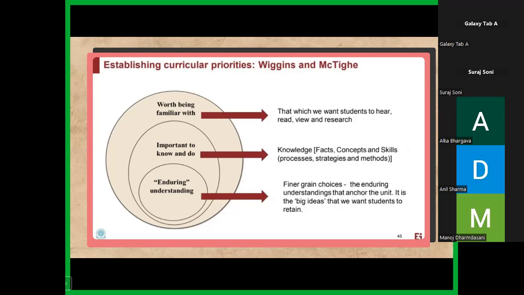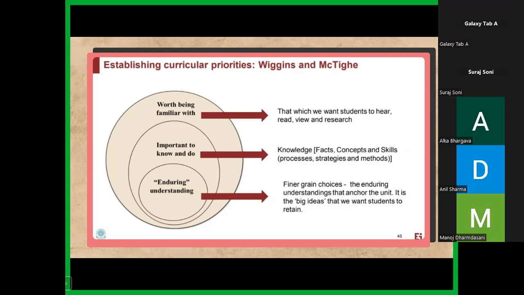Okay, so classifying your entire topic or your chapter into these kind of categories will surely help you pick up things, because we don't have to focus much on things worth being familiar with. You can put some emphasis on important to know and do, and most important are the enduring understanding.